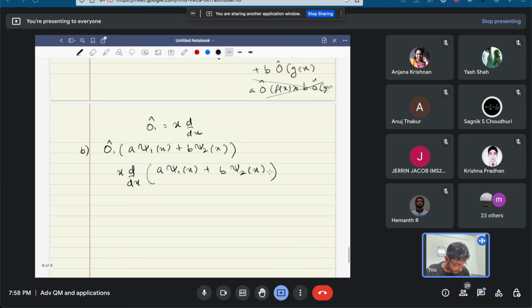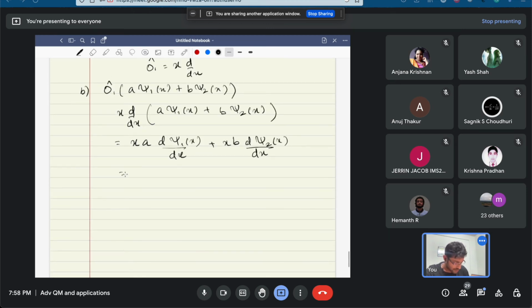So how will this be done? When it operates on the first term, we have x a d psi 1 of x by dx, and when it operates on the second term, we have x b d psi 2 of x by dx.